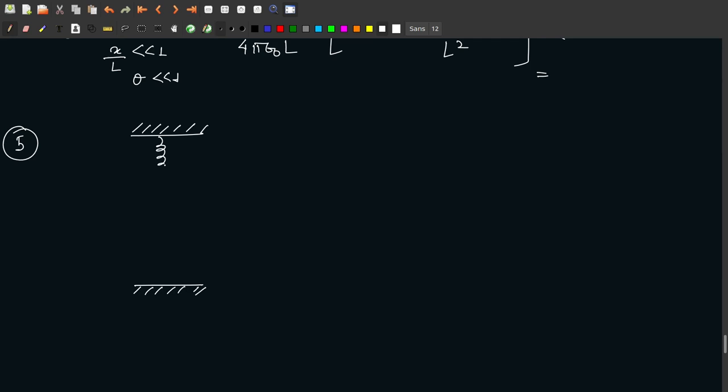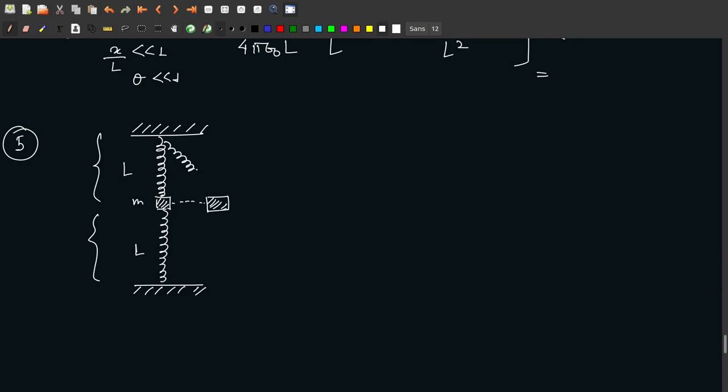So there is this spring, and this is the block of mass m. The spring constant is K, and the equilibrium lengths are capital L on both sides when it is in an equilibrium position. Now what is done is that the block is displaced by an amount x in the horizontal direction. Let this be the displaced position.